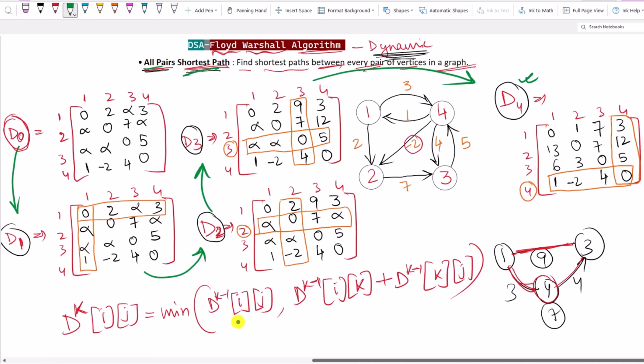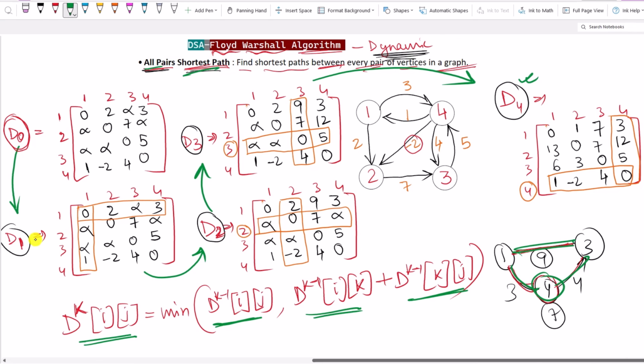So here we're basically comparing the direct cost with the cost through this intermediate vertex, and we're going to take the minimum of them, and that will be our new cost because that is the efficient one.